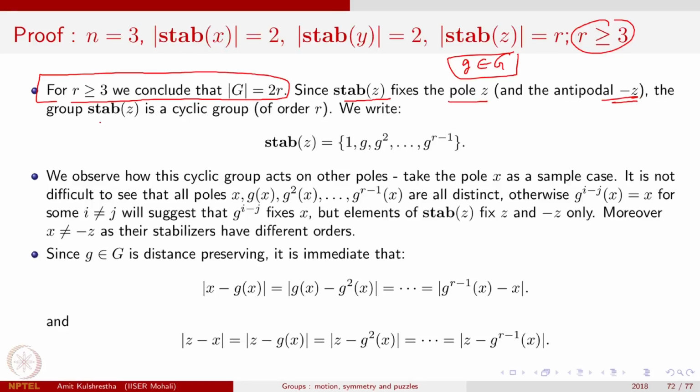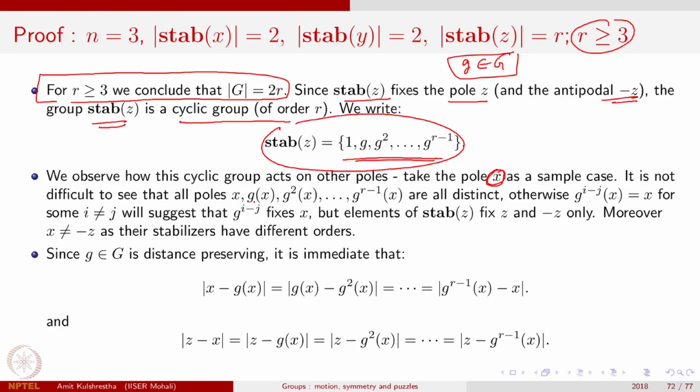Therefore, this is actually a cyclic group of order r, and the stabilizer can be written as 1, g, g square and so on. And now this cyclic group acts on other poles. So I just take one other pole, say x.